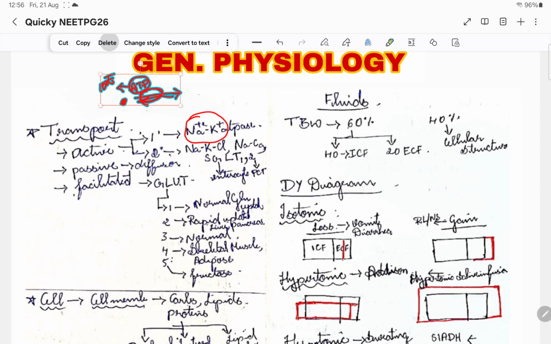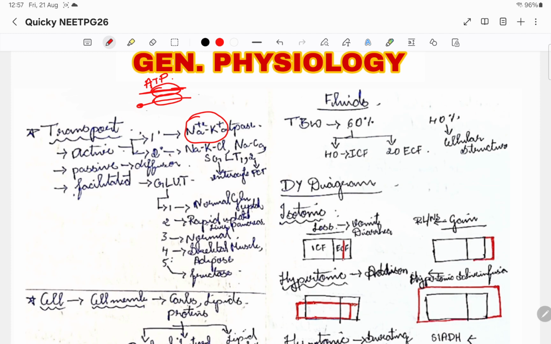So primary transport is utilizing the ATP by itself, whereas in secondary transport, one pump is utilizing the ATP, and using that, the other substance which is not in that particular pump is also getting transported, utilizing the pump mechanism of the other pump.